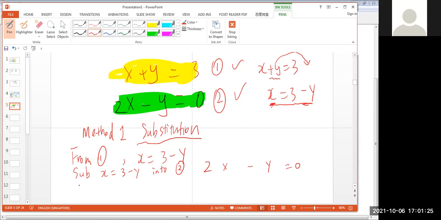But I need to sub x equals 3 minus y into 2. So my x here, can you see the x here, I'm going to replace it with 3 minus y. That's called sub. Can you see? I replace the x with 3 minus y already.